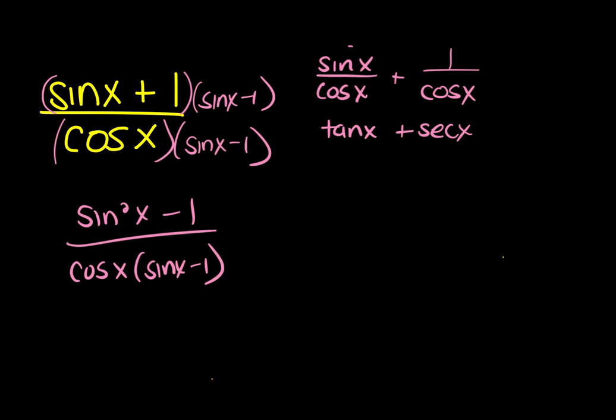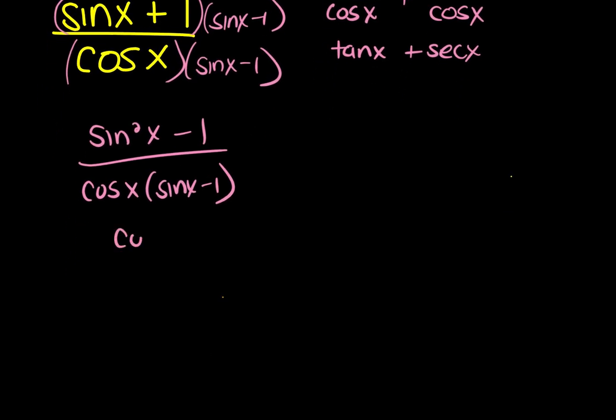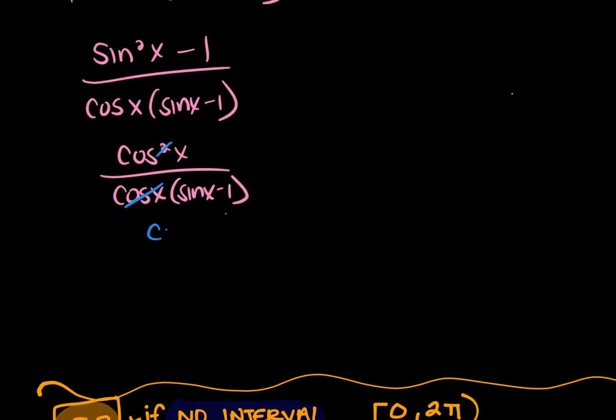What is sine squared x minus 1? Negative cosine squared x over cosine x times sine x minus 1. And in here, the cosine cancels, and I get negative cosine x over sine x minus 1.